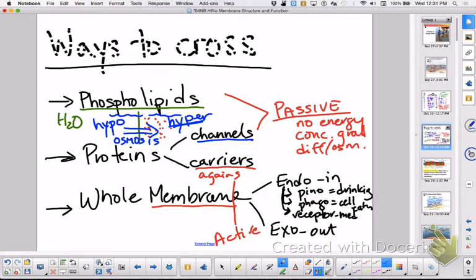It's not costing you anything. A protein is just facilitating the process of crossing the phospholipid. Why do you need it there to facilitate it? Because sodium is an ion, and an ion has a charge, so it can't get through that hydrophobic region. It needs a gateway to get through, and it uses a protein to do that.